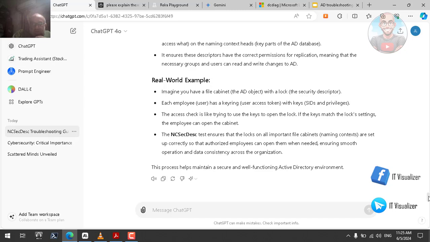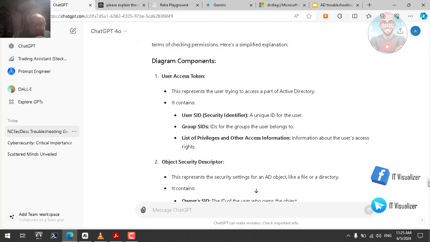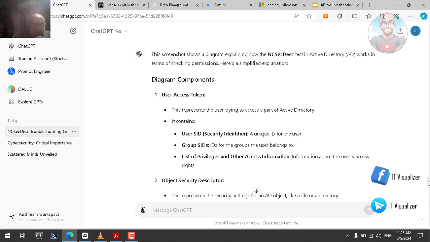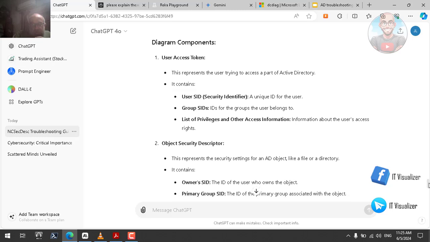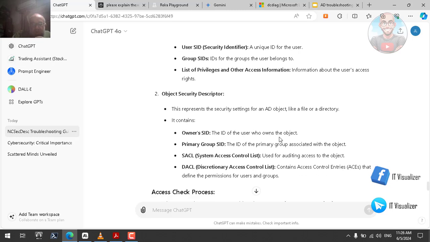Okay, let's see here the answer. In the security descriptor, it is saying an AD object, not a file or directory. This is on the database.